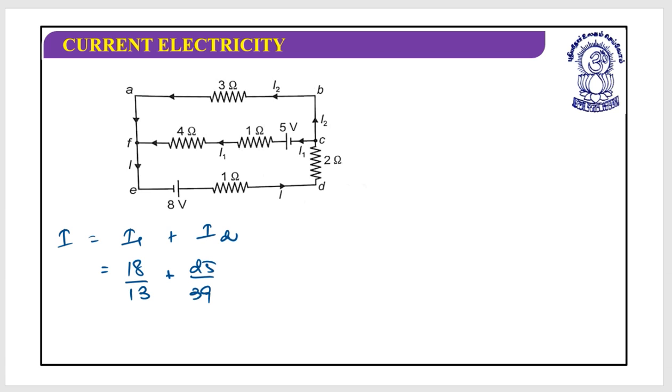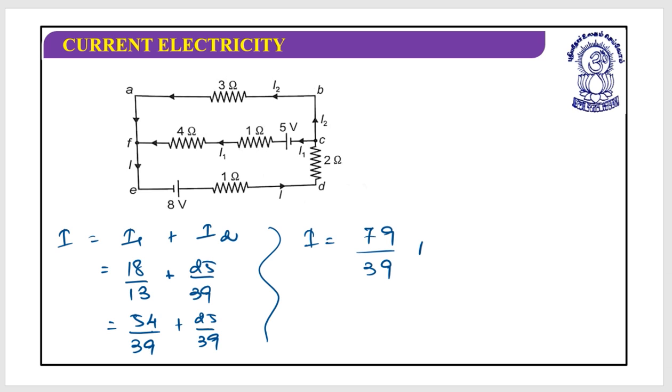So this can be written as 18 threes are 54 by 39 plus 25 by 39, and this is I, which is equal to 4 plus 5 is 9, 5 plus 2 is 7, it's 79 by 39 ampere. So you got all this. You got I, you got I1, you got I2. I hope these things are clear.